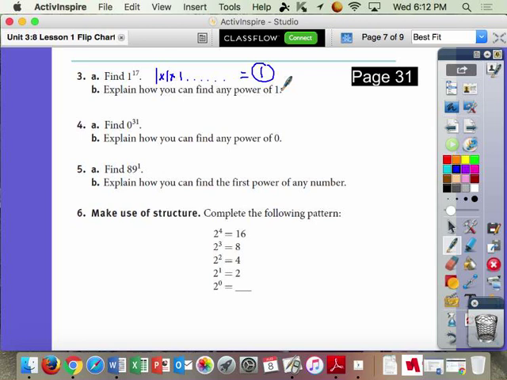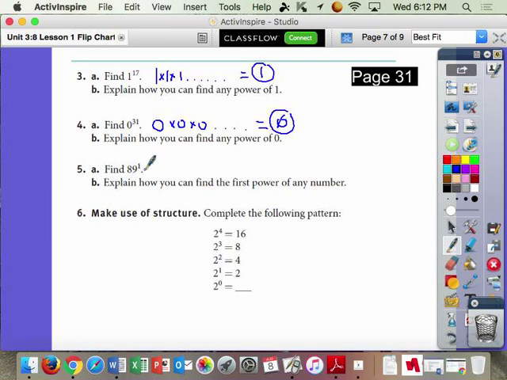So no matter what, my answer is always going to be 1. What about here? I'm going to multiply 0 times 0 times 0 31 times. No matter how many times I multiply 0, what is my answer going to be? 0. So that is going to always be my answer.